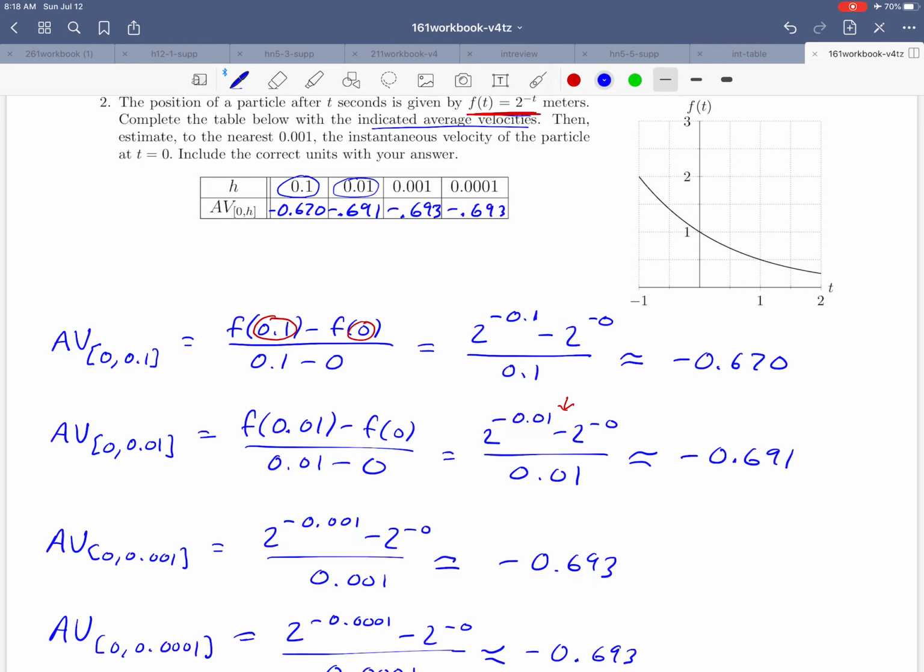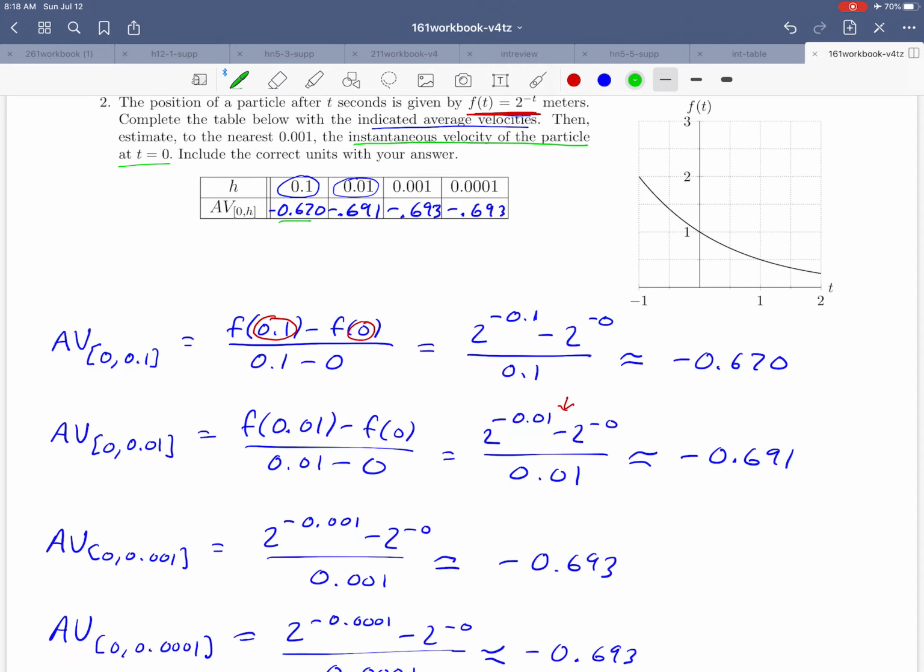Now what about the second part of this question, the instantaneous velocity of the particle right at t equals 0? How do we figure that out again? Well, remember how we approached this problem in an example that we did earlier. Finding the instantaneous velocity is like finding the average velocity over smaller and smaller time intervals. And that's exactly what our table does.